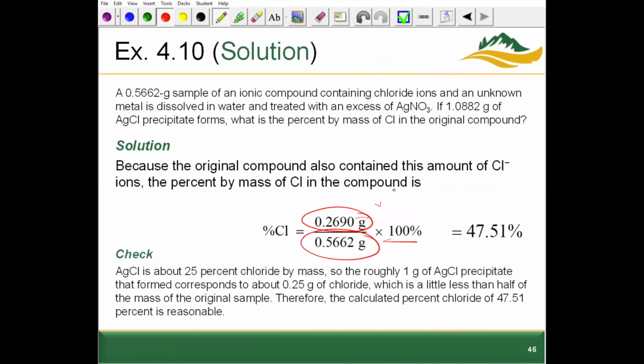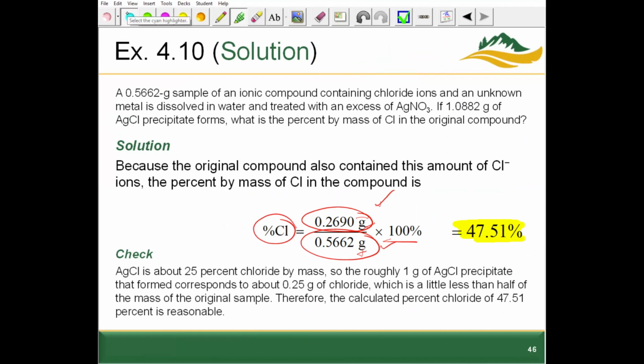So we plug those in here to then find our ultimately percent by mass of our original unknown ionic compound. So here is percent by mass of Cl, grams divided by grams, multiplied by 100%. Then we get this final answer here of 47.51% by mass of Cl in our original unknown ionic compound.